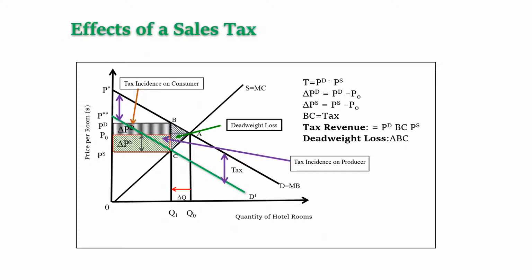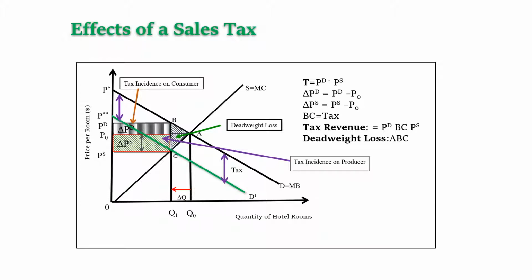Now let's look at the effect of the tax here, the sales tax. Now if a tax is imposed, originally we have the supply and the demand curve intersecting at point A. Now because of the tax, the demand curve is going to shift downwards from D to D1.